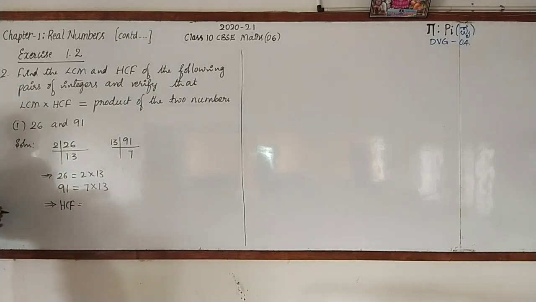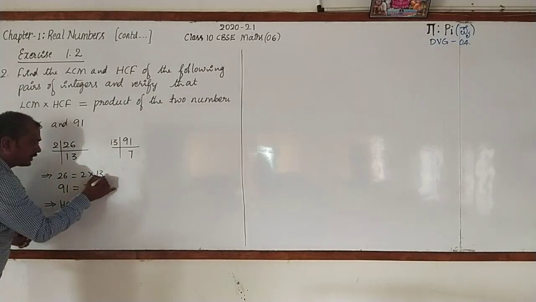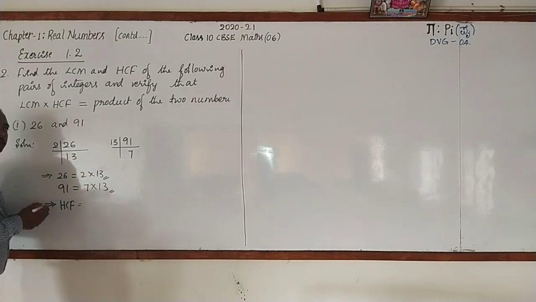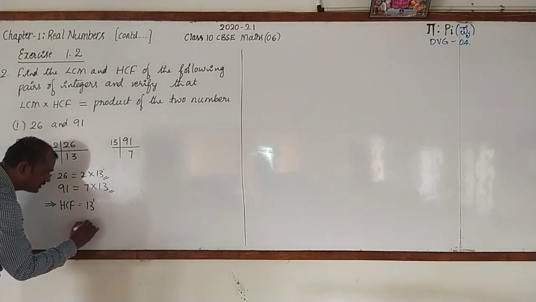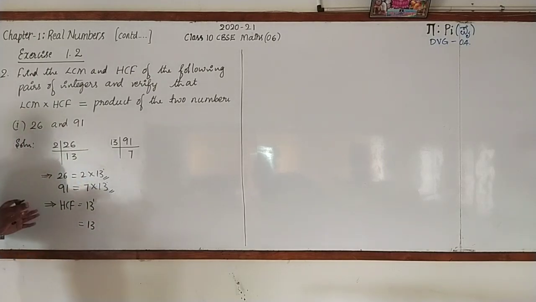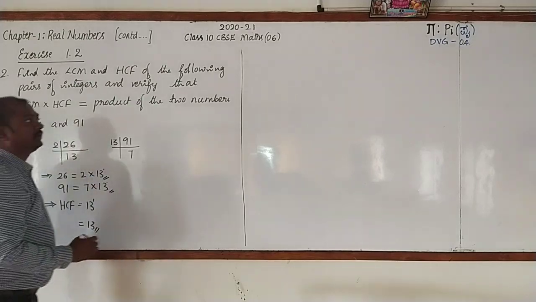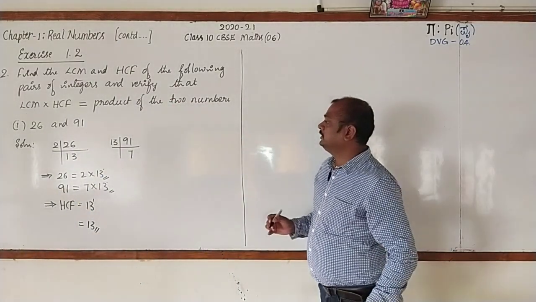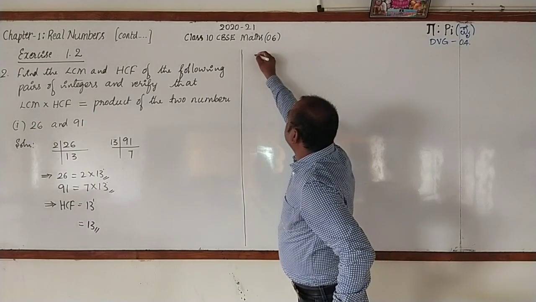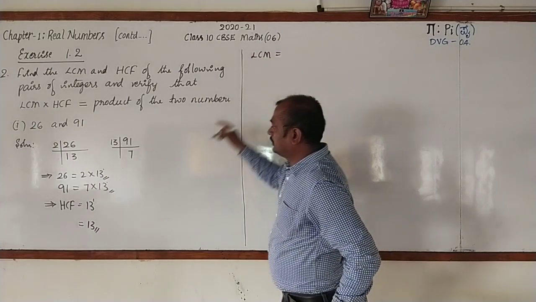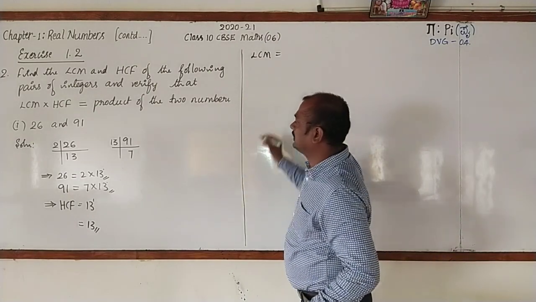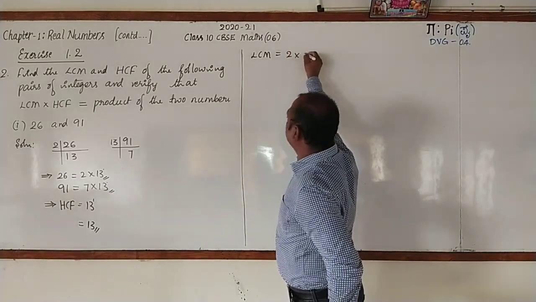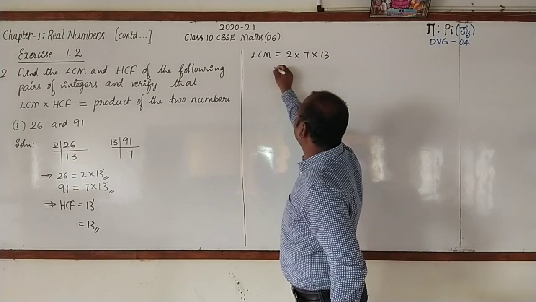Next, let us find out HCF. Then what is HCF? You are going to take the common factor. The common factor is 13, and the least power of this common factor, just 1 only. Then 13 raised to the power 1 is 13. Right? This is HCF. Next, let us go for finding LCM. LCM is equal to, you are going to take all the prime factors involved in the numbers. That is 2 is there, then 7 is there and 13.